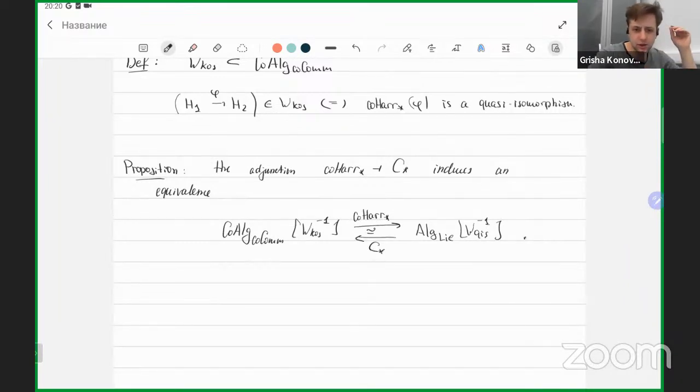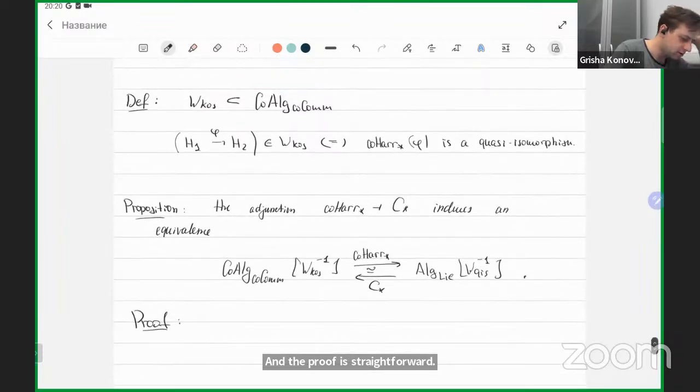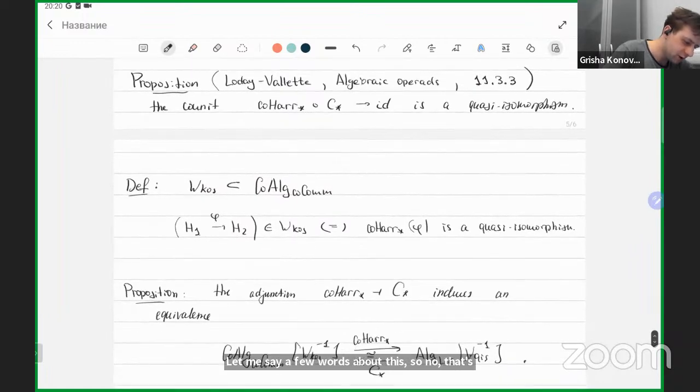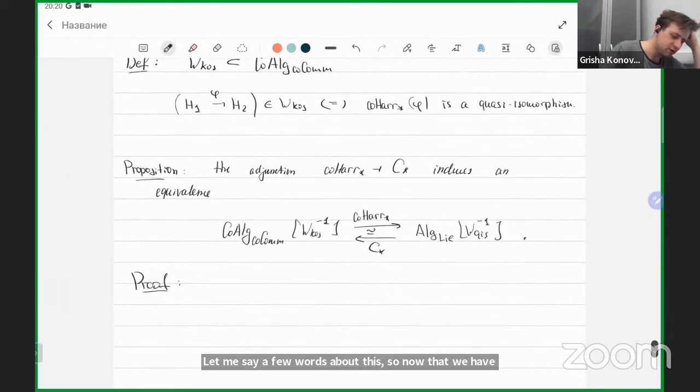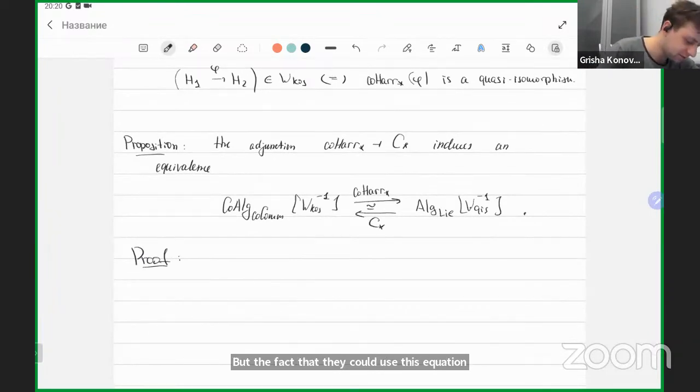And the proof is straightforward. Let me say a few words about it. Now that we have the proposition about the fact that the counit is a quasi-isomorphism, the proof becomes straightforward.